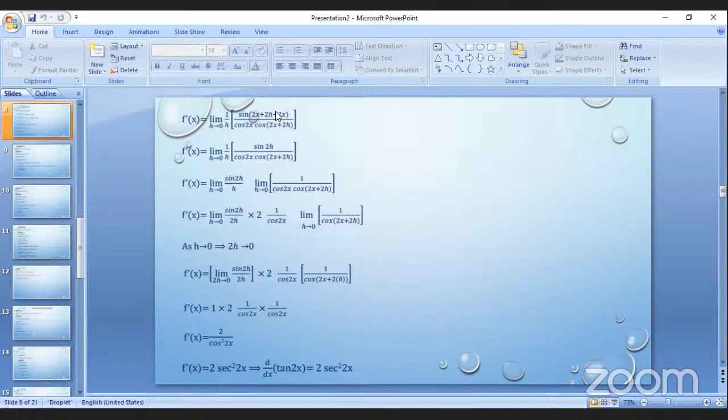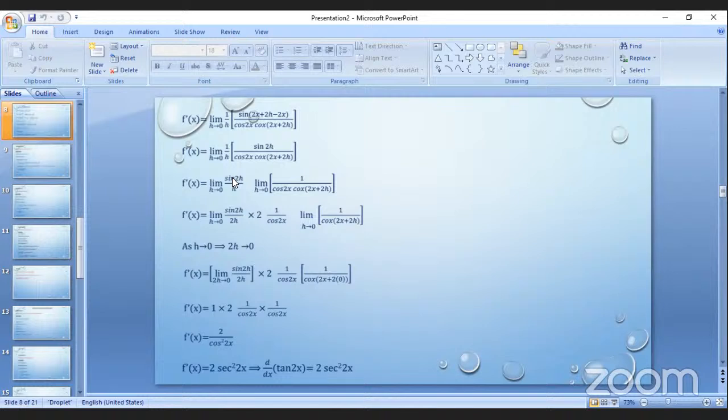Here 2x minus 2x get cancelled, so sin 2h by cos 2x into cos(2x plus 2h). f'(x) equals limit h tends to 0, here sin 2h by h, with sin 2h in the numerator and h in the denominator.